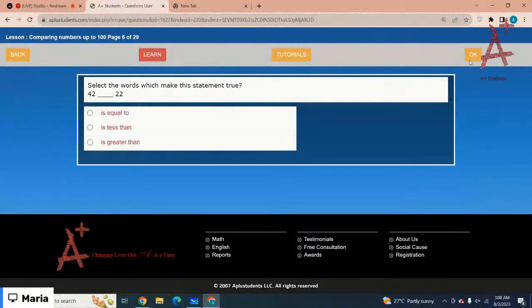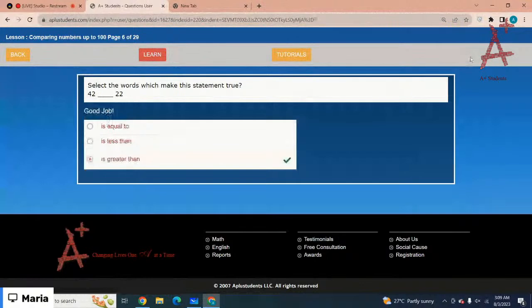Which is the correct option? Yes, 42 is greater than 22 because when counting, you have 22 first and then you have 42.